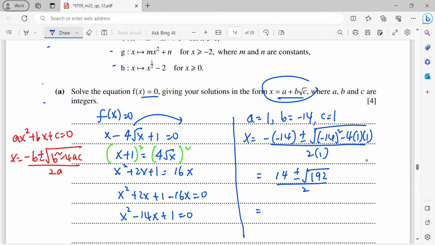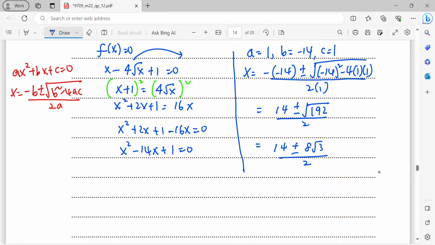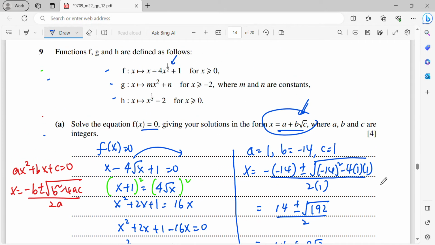So here I have to simplify to get this form. Therefore, 14 plus minus square root 192 is basically 8 square root 3, then over 2. Okay, so now I split into two terms. 14 over 2, I get 7. The 8 square root 3 divided by 2 is 4 square root 3. Okay, so let's look at the question.